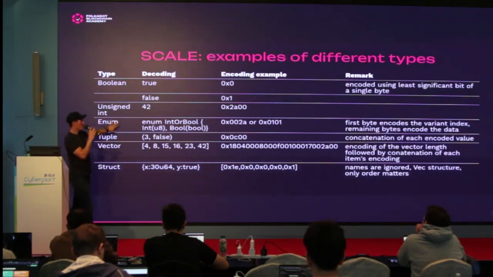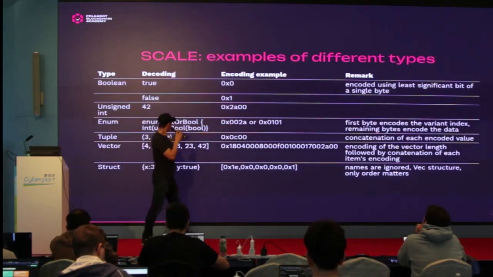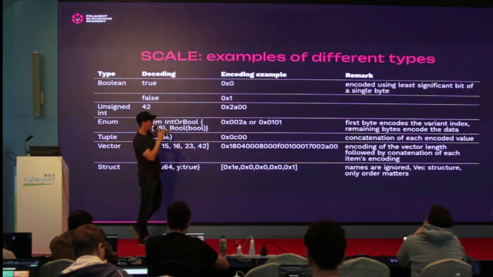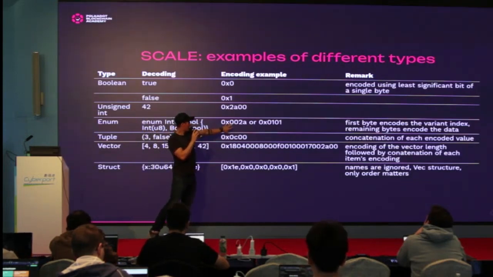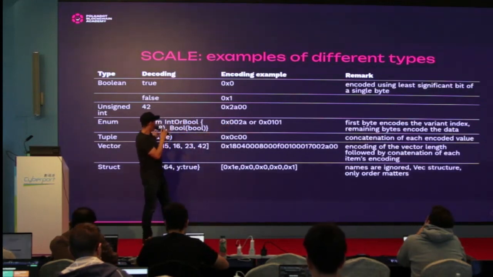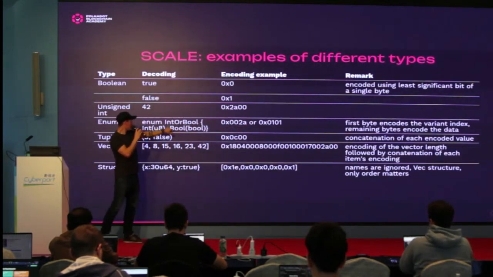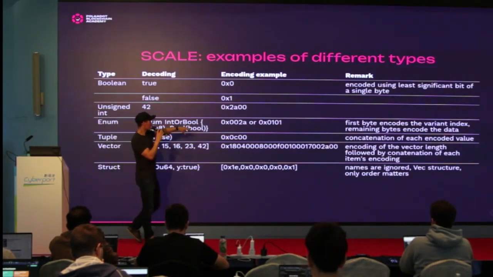Enums. Enums are a bit more interesting. Enums have a finite number of variants. So the first byte is going to encode which one it is, right? So 0 for the int, or 1 for the Boolean, because this enum can take an integer or a Boolean value.